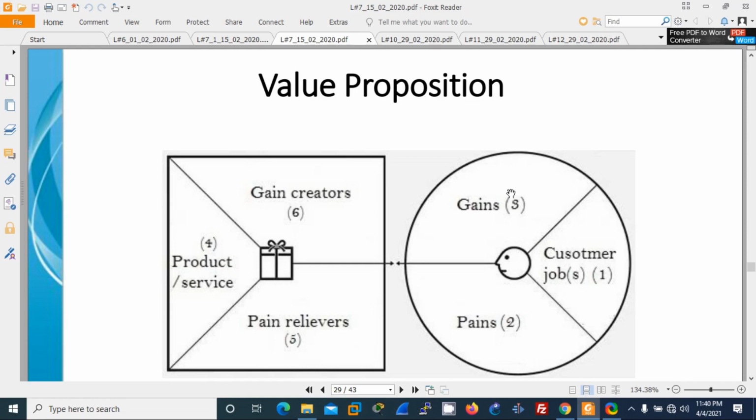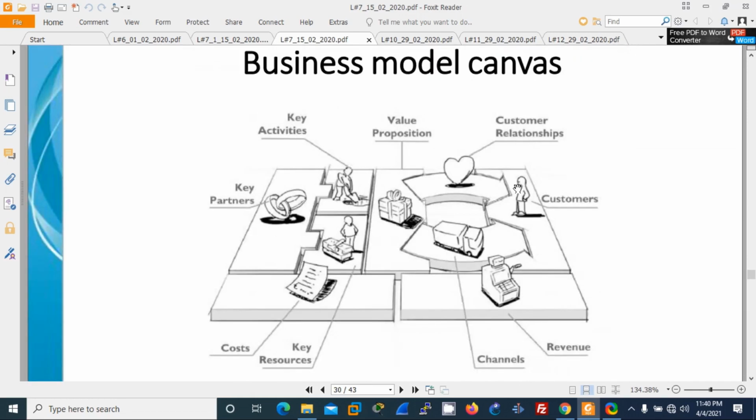That is the whole idea you need to have when you're developing a value proposition diagram. When coming back to the business model canvas, one of the main important facts is you need to have a proper understanding of the 9 areas and how they are interconnected. Before coming to the business model canvas, you should have a proper preparation of the value proposition diagram, where you understand your best customer segment.